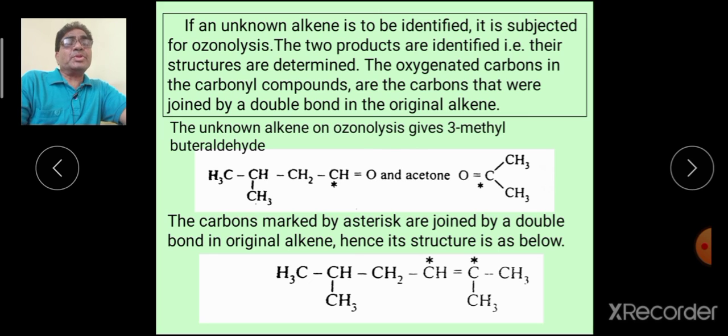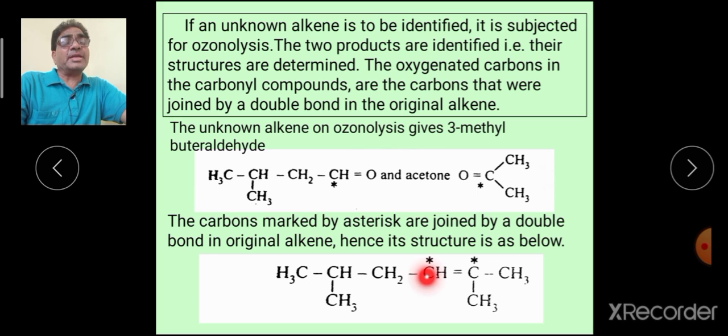These are marked, and these are joined by a double bond in the original alkene. Hence, the structure of the compound is determined. Look here, these two carbon atoms are joined by the double bond, and that is, the location of the double bond is detected by the ozonolysis reaction.